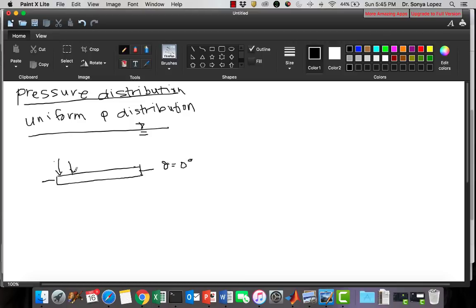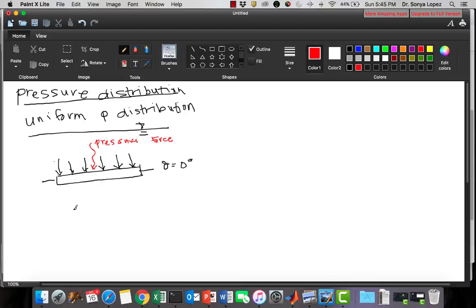So it looks something like that. Okay, so you can see that the pressure is acting uniformly onto the object, and what you're going to end up with is what we call a pressure force.